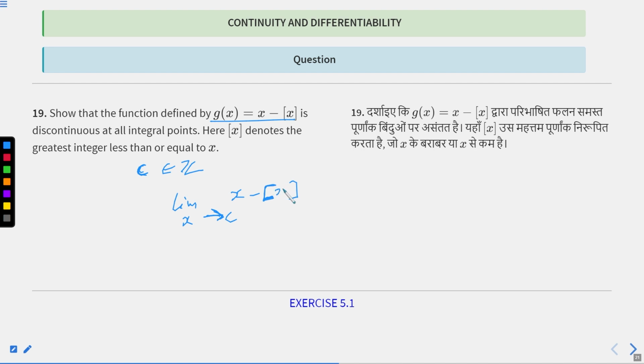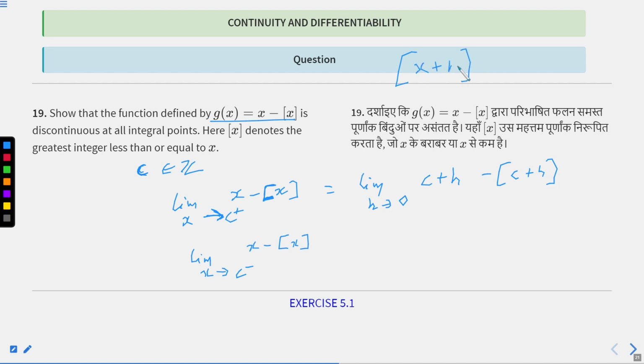Now one thing will be very clear: if x tends to c, first from the right hand side and from the left hand side, I can rewrite this as limit h tends to 0 of c plus h minus the greatest integer of c plus h. And we know one property, that the greatest integer of x plus an integer n is the greatest integer of x plus n.